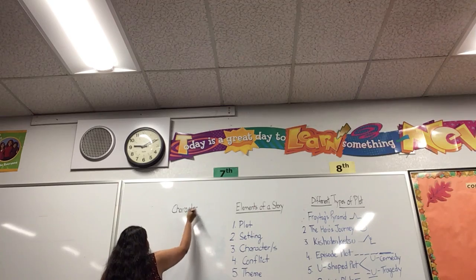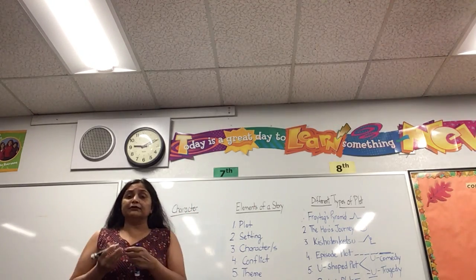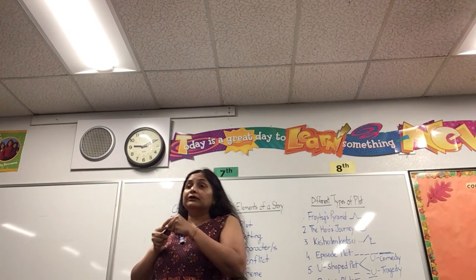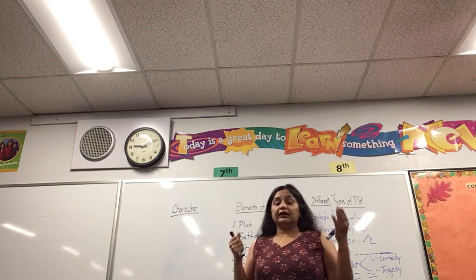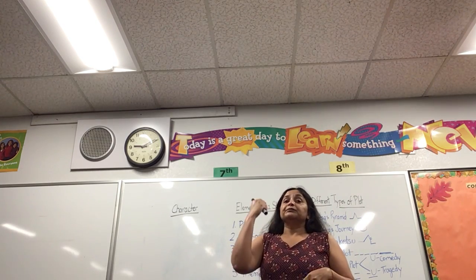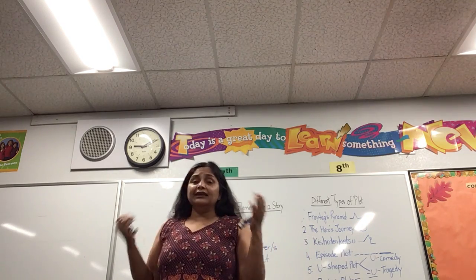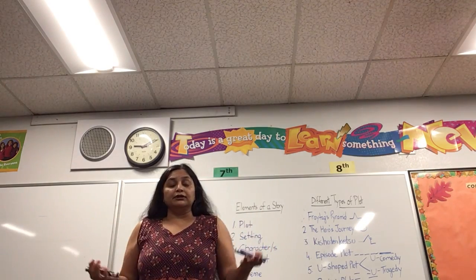So when we talk about character, that's an important element of the story. Without characters, a story cannot happen, right? So a character is a person or animal or anything personified.